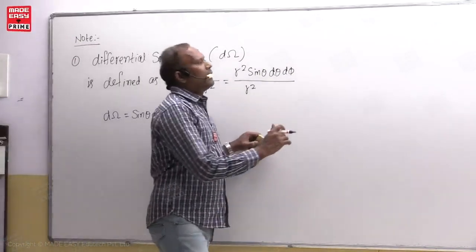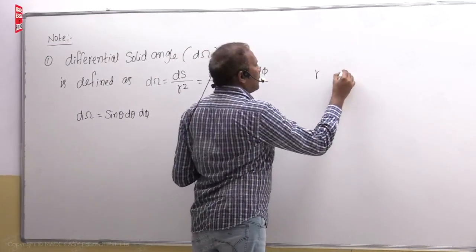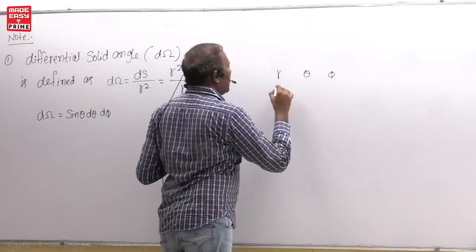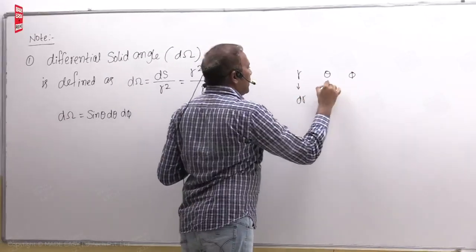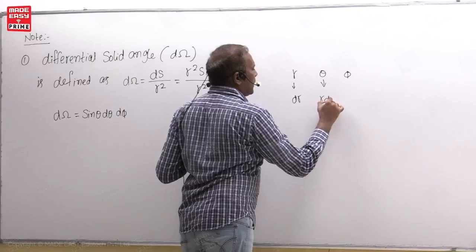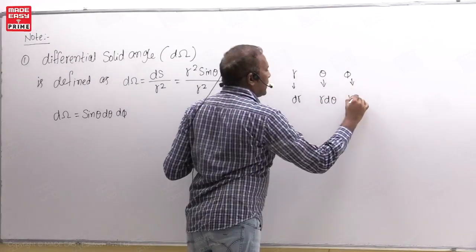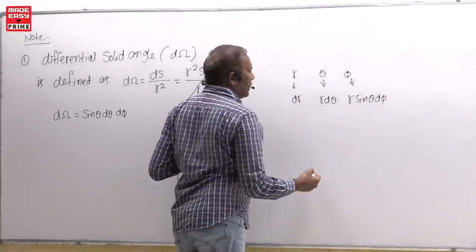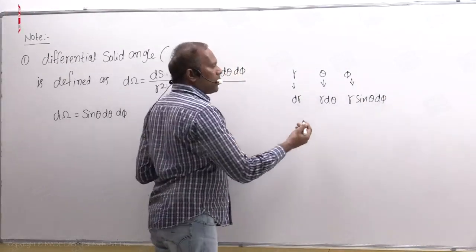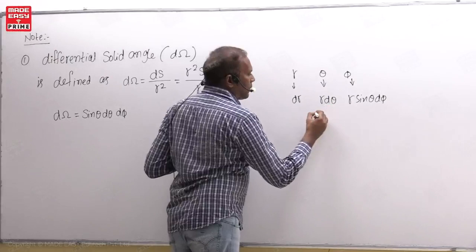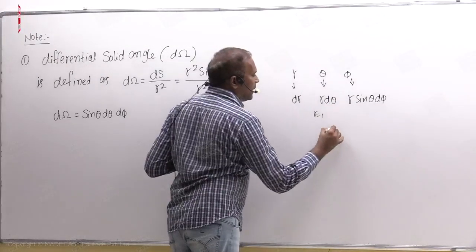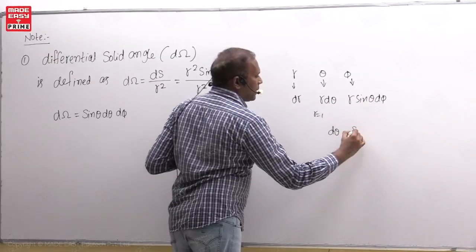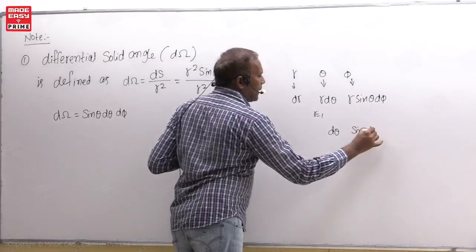Here you have seen r, theta, phi, and this is dr. Here the differential length is r d theta. Here the differential length is r sin theta d phi. Now if you substitute r equal to 1, it becomes d theta, then sin theta d phi.